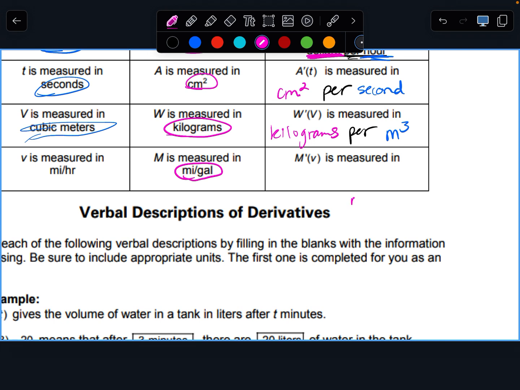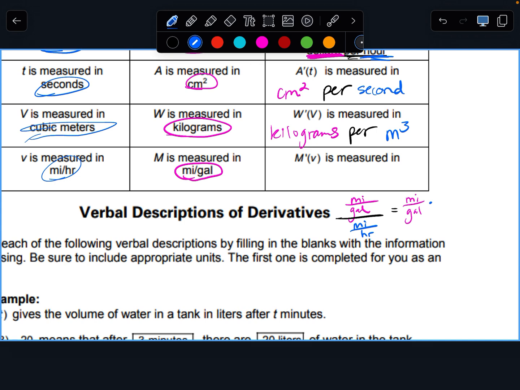So you would do miles per gallon first, divided by miles per hour, but this is really gross looking as a unit. Plus, I don't even know what that means. So just like how you would do dividing fractions, you do the same thing. You're just going to multiply by the reciprocal and start crossing off some units.